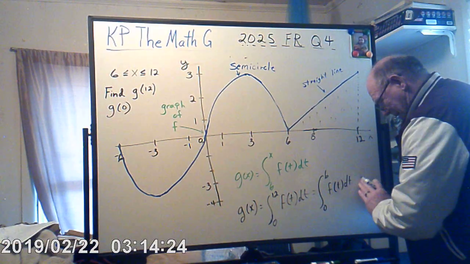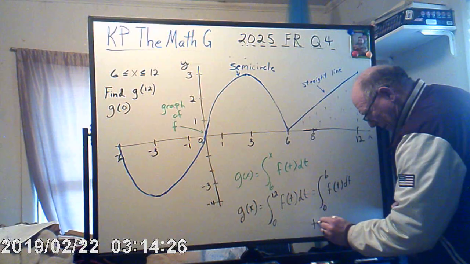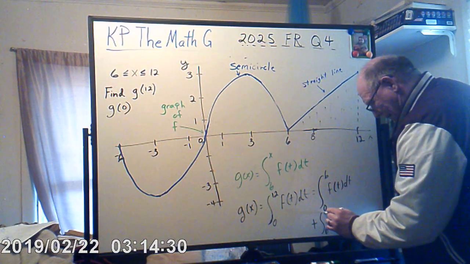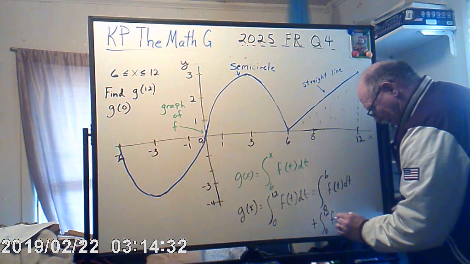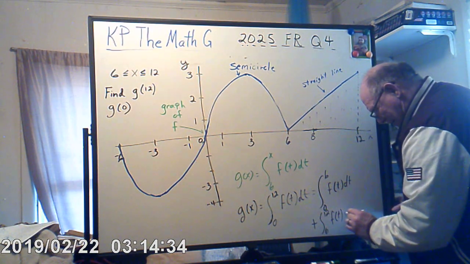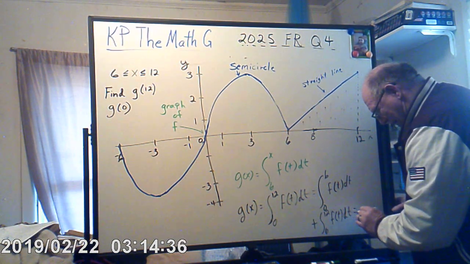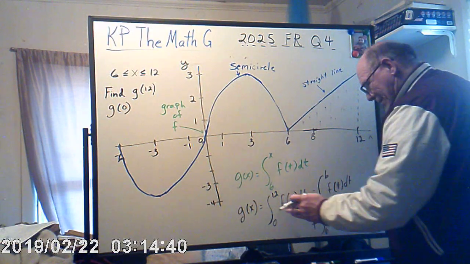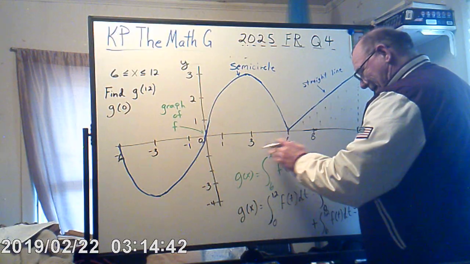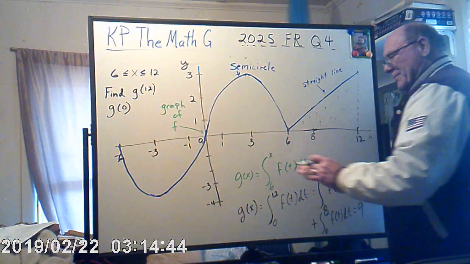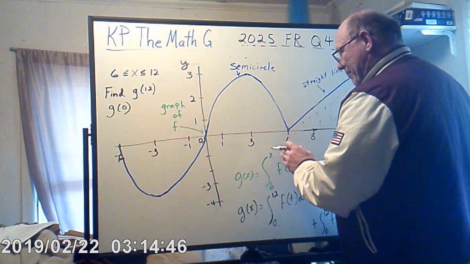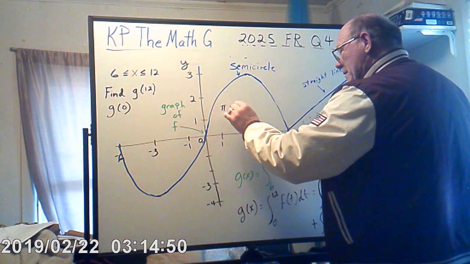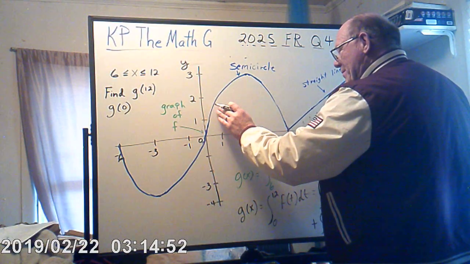plus the integral from 6 to 12 of f of t dt. Well, we knew that was 9. We just figured that out. All that's left for us to do is figure out from 0 to 6. So from 0 to 6, that is 1/2 pi r squared.